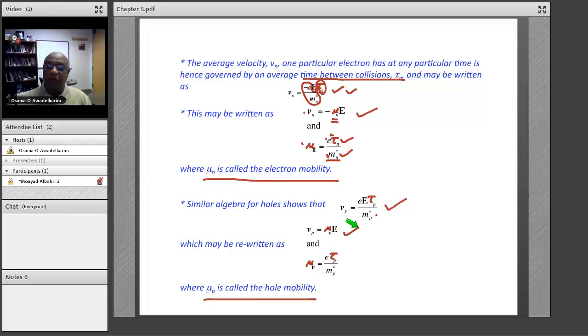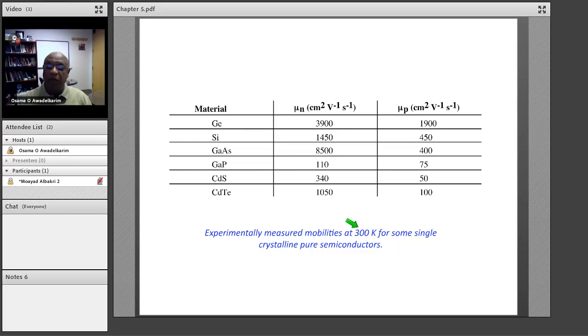Then let me give you some experimental findings, what people found for mobilities. We know how to get mobilities in terms of the average time and the effective mass. They found at room temperature, 300 Kelvin, in silicon, the mobility of electrons is 1450. And look at the unit, centimeter squared per volt per second. That is the mobility.